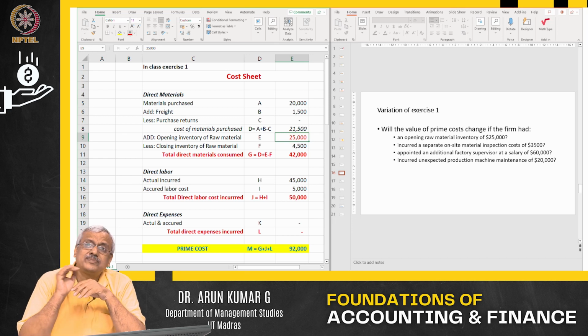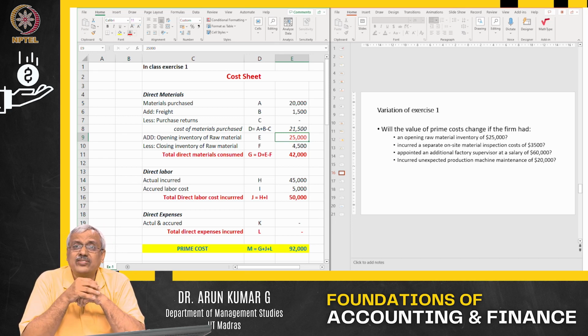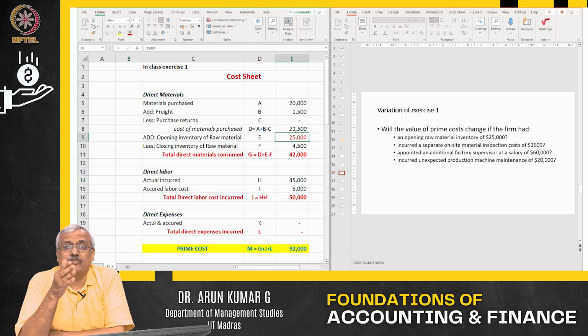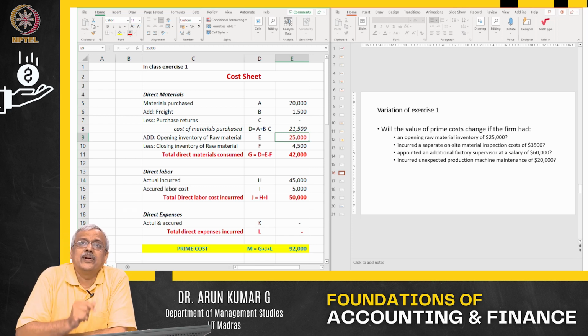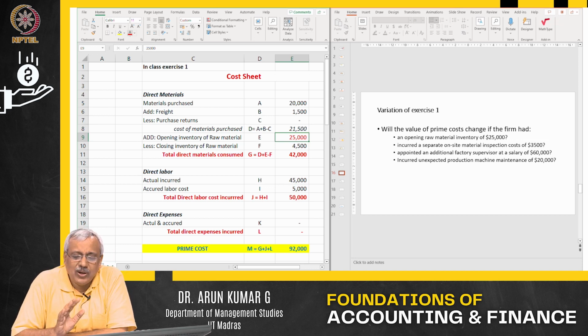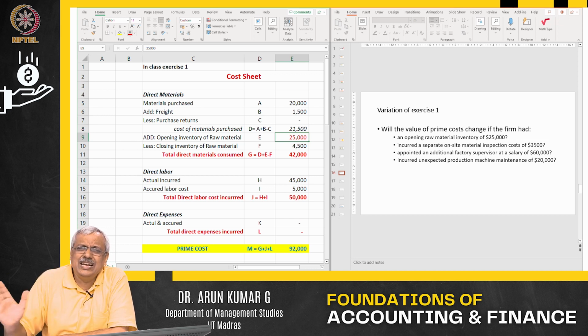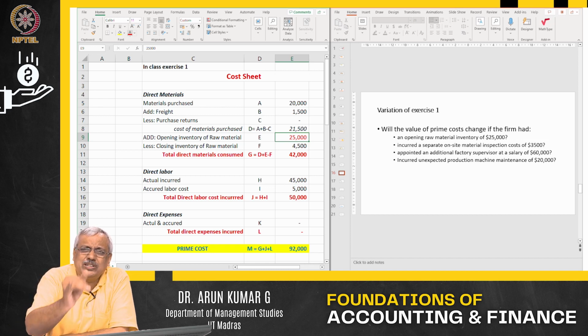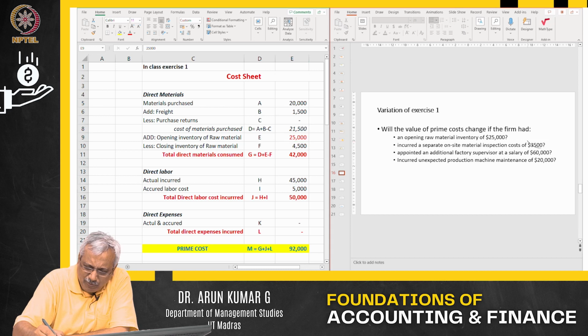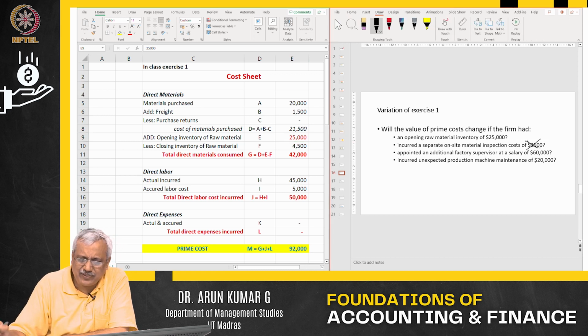If the production process involved an on-site inspection for every output that you are getting, it would be different. But here you are doing an on-site inspection as an independent activity. This has nothing to do with your production activity, so nothing to do with your prime cost in this particular case.